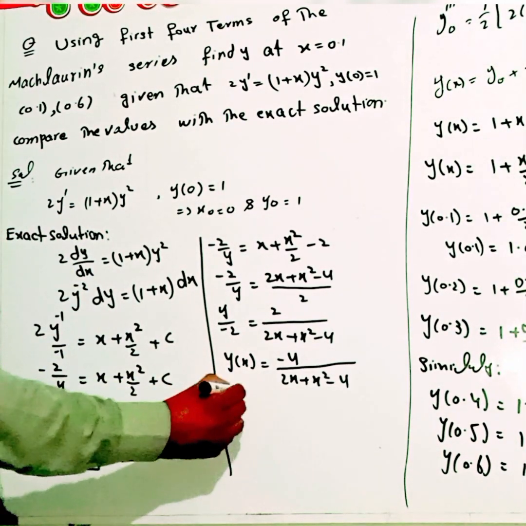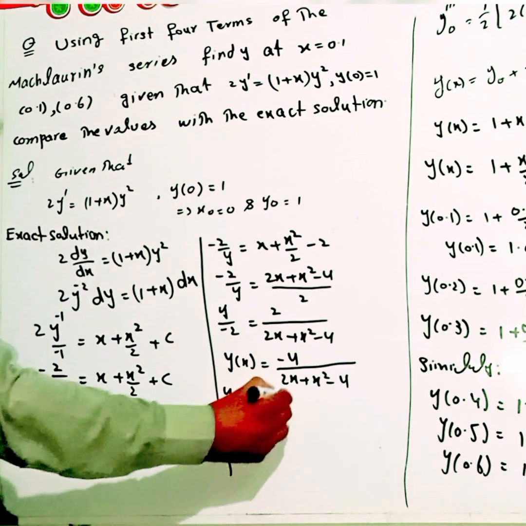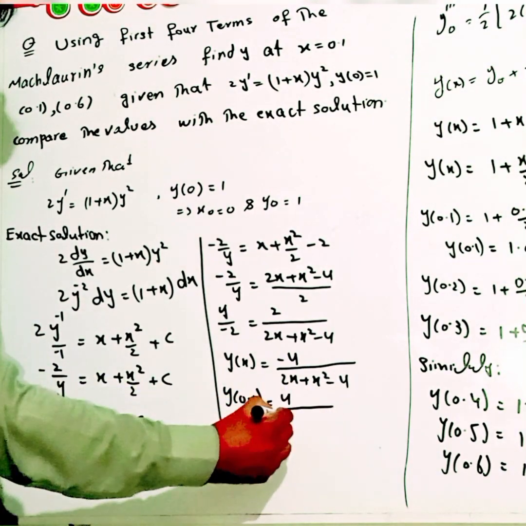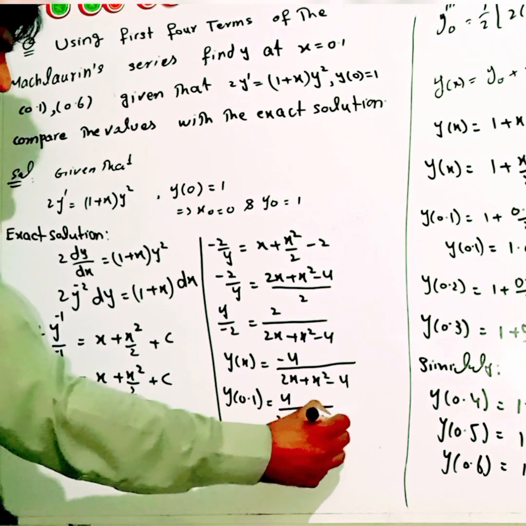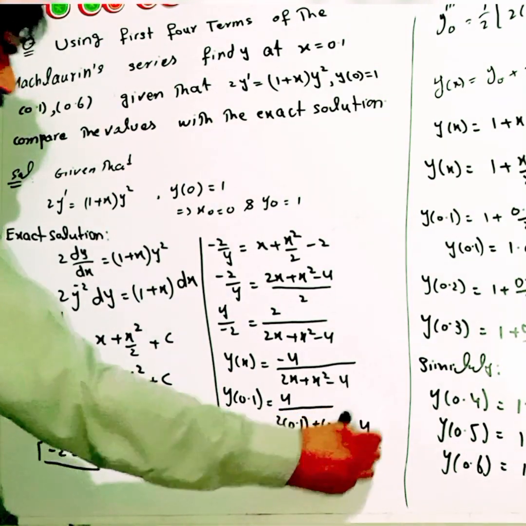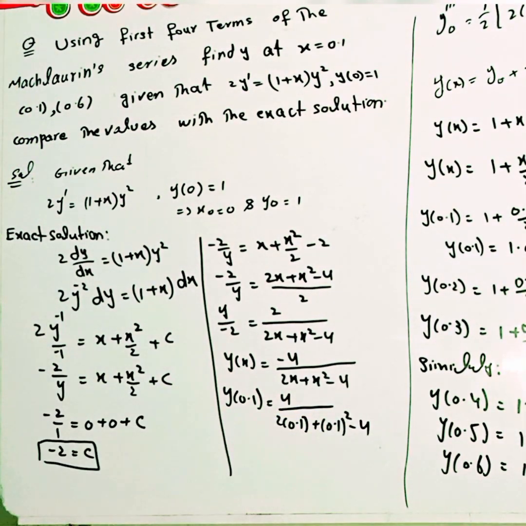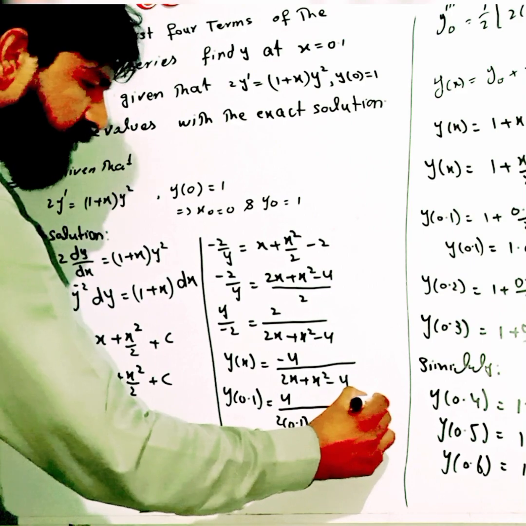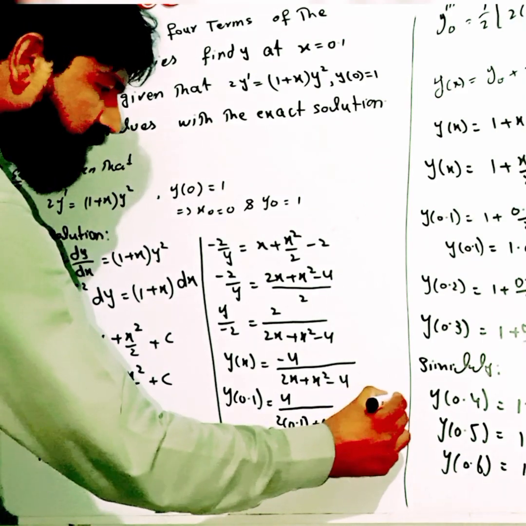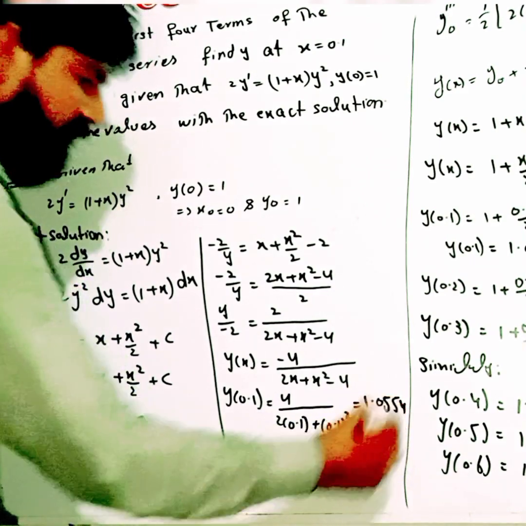Now we find y of 0.1, which is equal to 4 over 2 into 0.1 plus 0.1 square minus 4. After simplifying this, we obtain 1.0554.